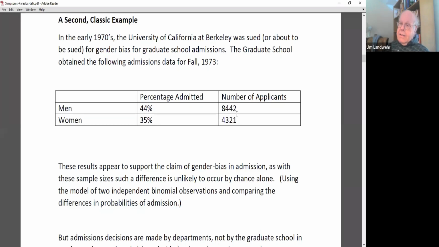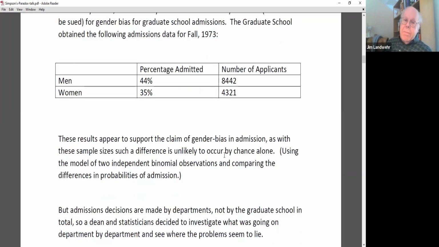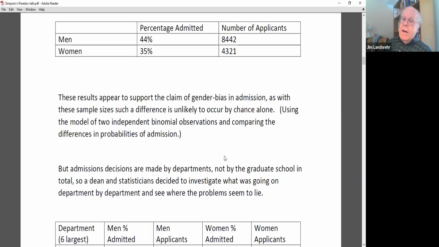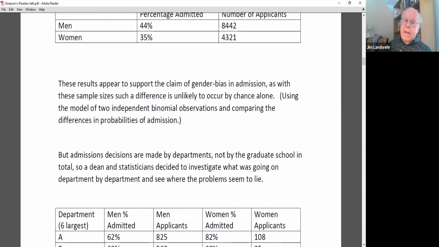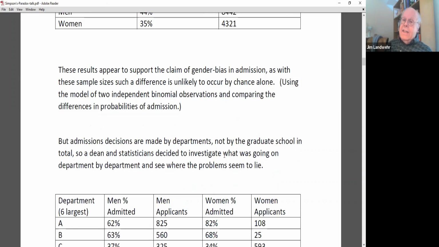Well, as many of us know, universities don't like to get sued, especially for something like discrimination. So they looked into it, and they appointed some statisticians and also a dean, and the statistician involved actually ended up being a dean in the longer run.